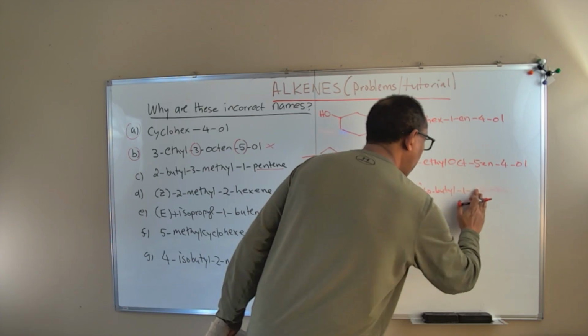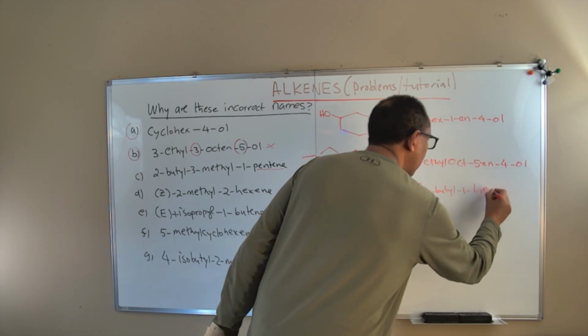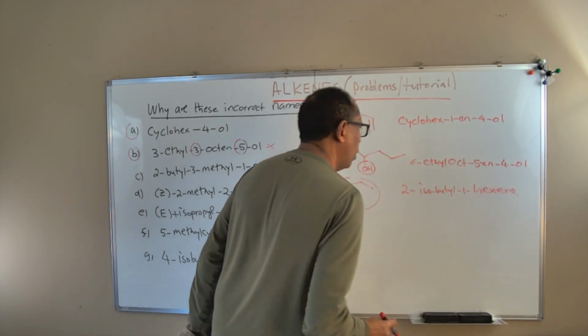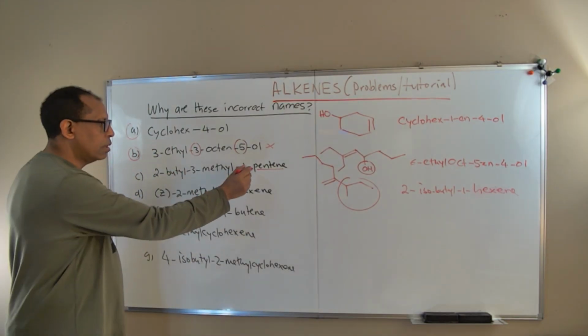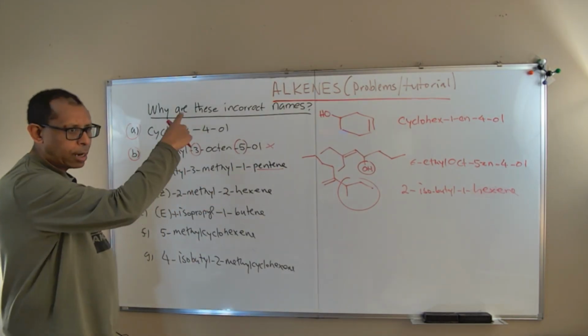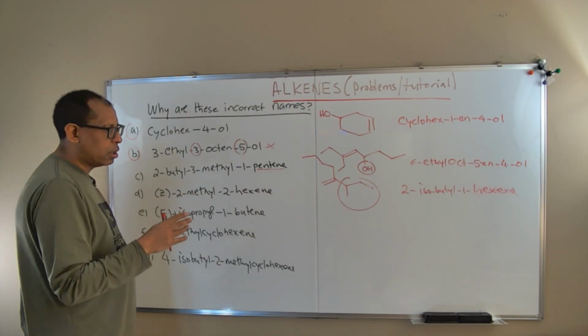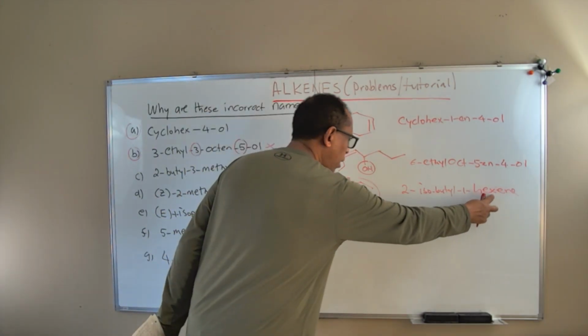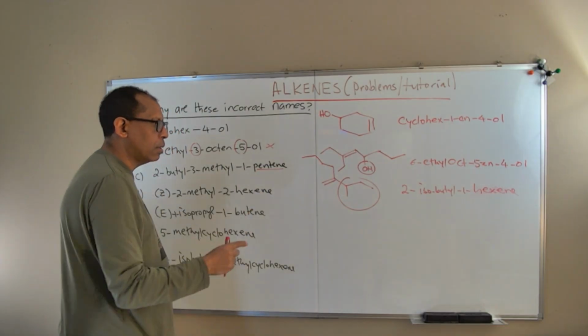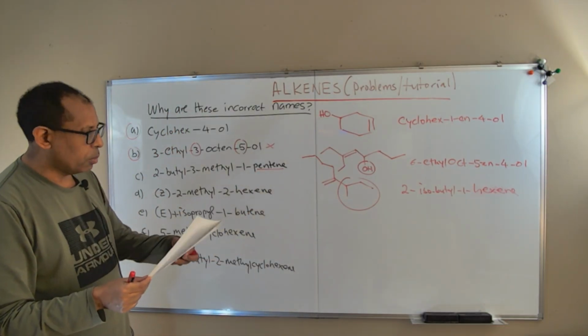The problem here is not choosing the right chain, the one which contains the alkene. The longest chain is a hexene, not a pentene.